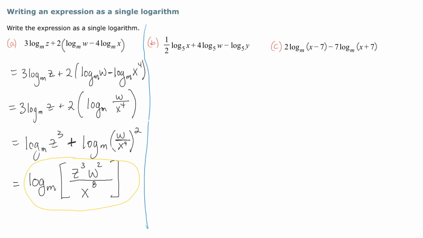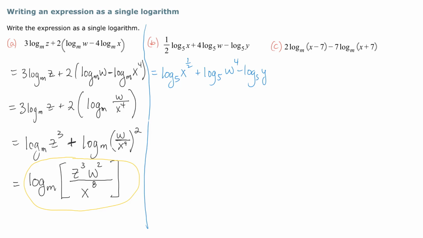How about the second one? This one here is equal to, first thing you want to do is take all those coefficients and make them into exponents. And we're going to read this from left to right.